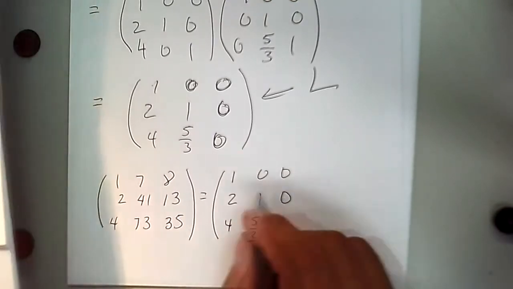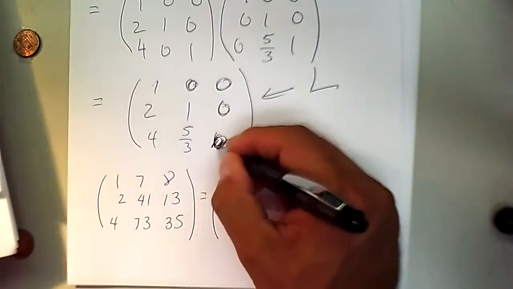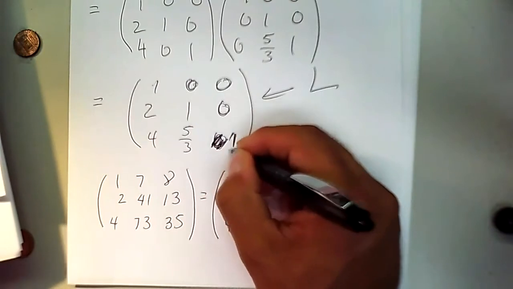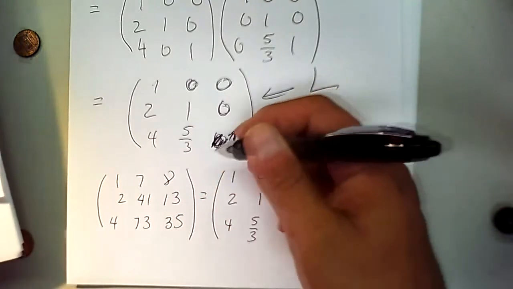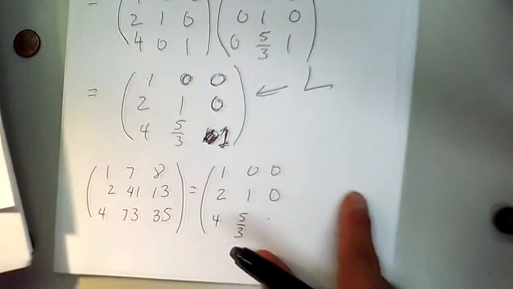I just realized I made a mistake. That should be a 1. I'm just going to scratch it off. It is not 0. We have to have a diagonal of 1s.